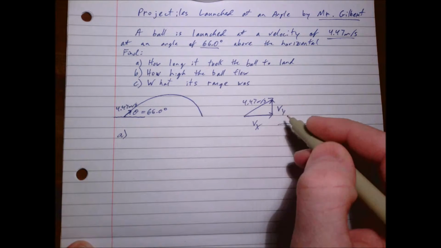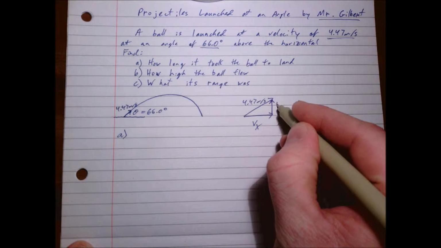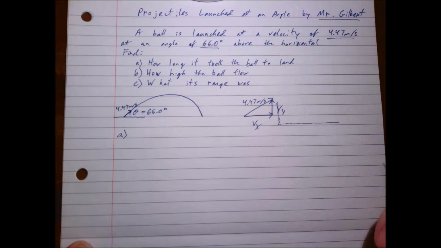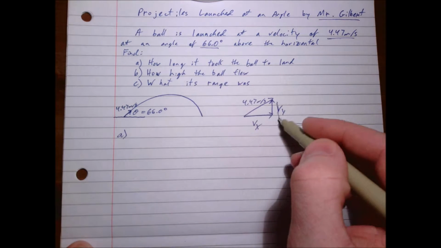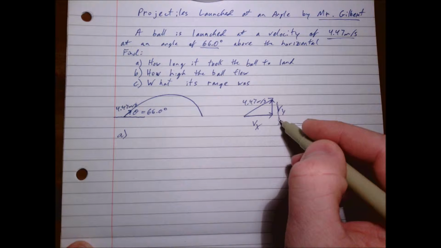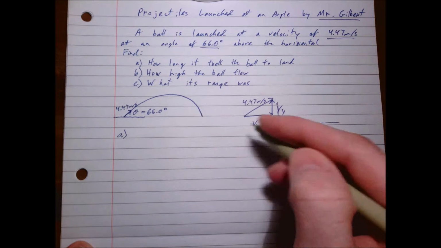The vertical component is the ball shooting up in the air and coming back down. Does that make sense? So right now it asks how long it took the ball to land. Well, we look at the one that is going to tell us that: the vertical component.